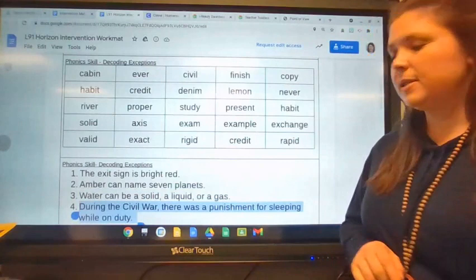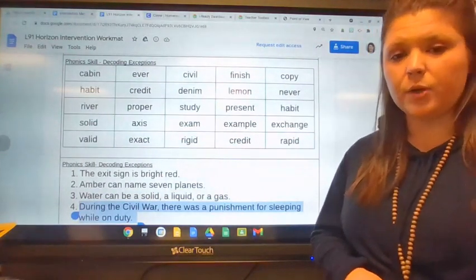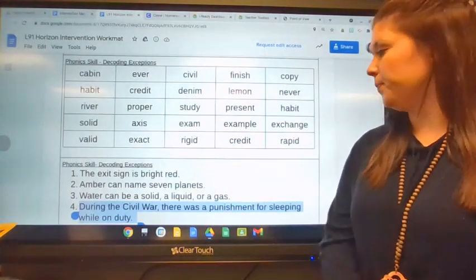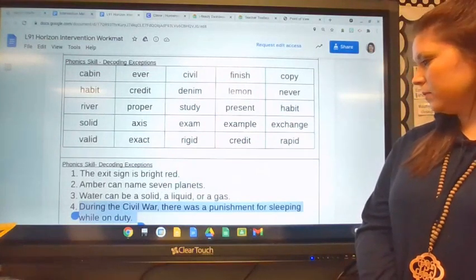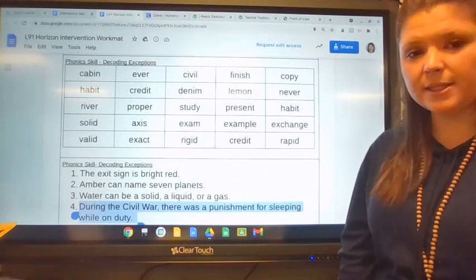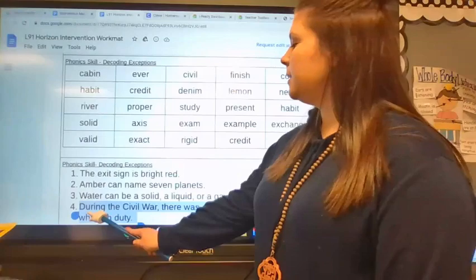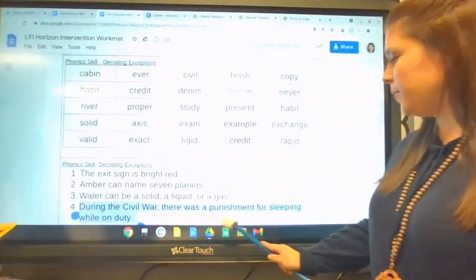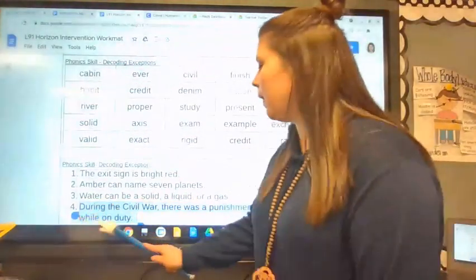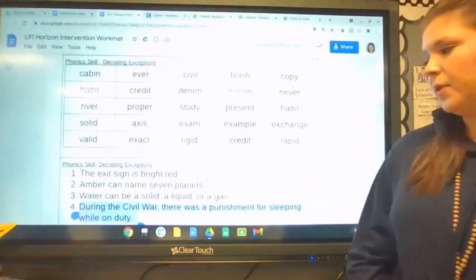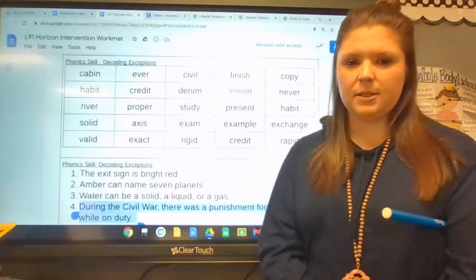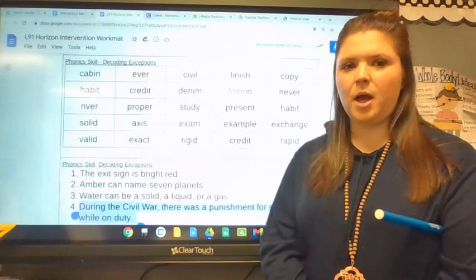All right, let's read sentence number 4. Go ahead and read it. When you're done, you may unpause the video. All right, let's read it together. Ready, read. During the Civil War, there was a punishment for sleeping while on duty. What is a punishment?